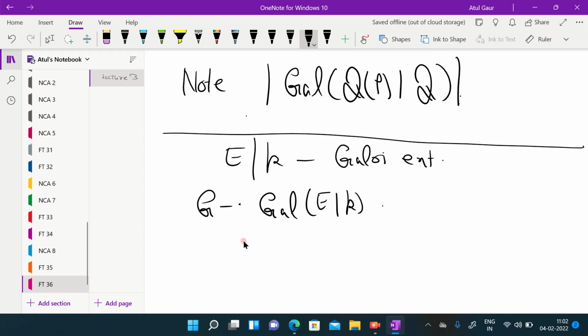Yes, sir, the degree of E over K. Exactly, because E is a field, G is a group of automorphisms, and the fixed field is K. So you can use Artin's theorem. The order of G is the degree of E over K, by Artin's theorem. So that's what it is.